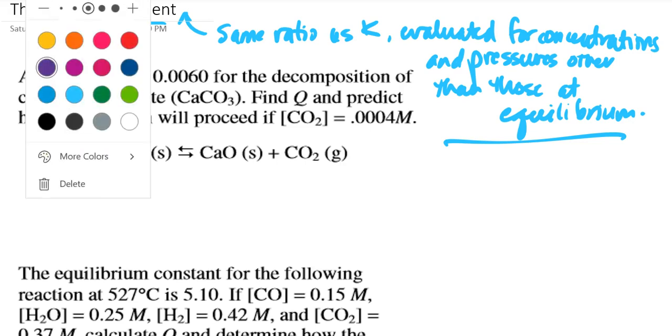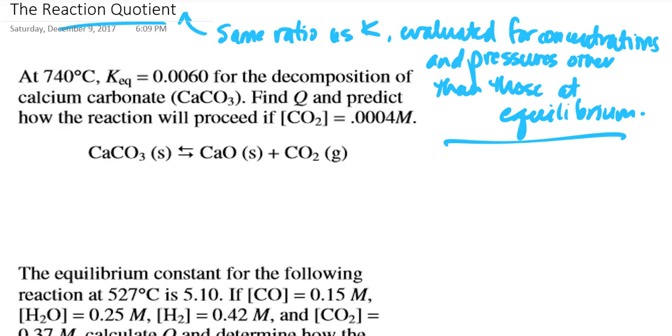So, for example, I have this first problem, and in this first problem, I'm already told up front that I'm at 740 degrees Celsius, and the reaction system that I will be studying has an equilibrium constant of 0.006 for the decomposition of calcium carbonate.